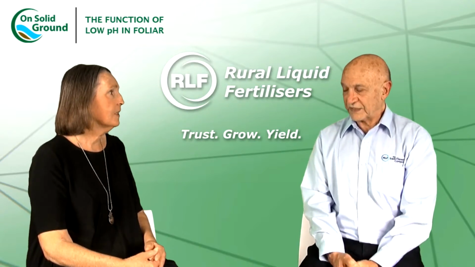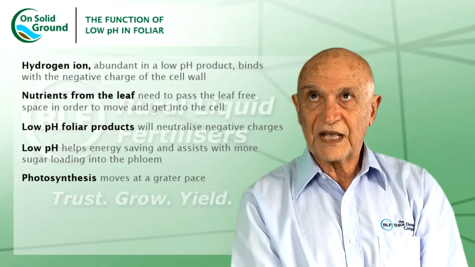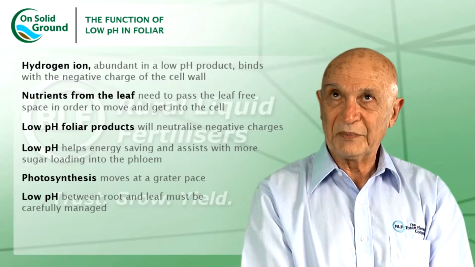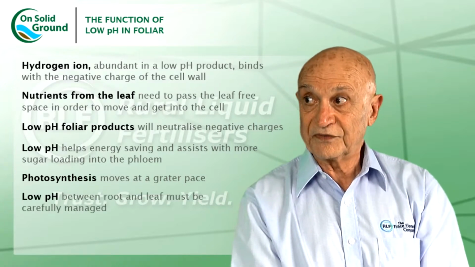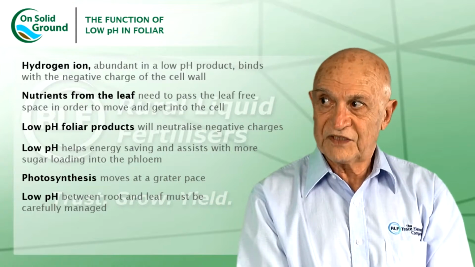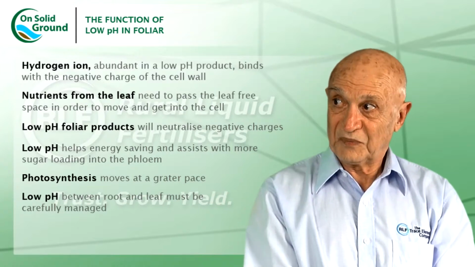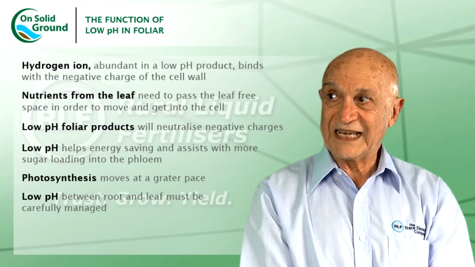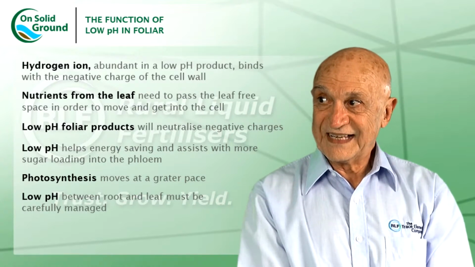For the foliar space. Now the reason is that the root has a different system. The root actually works best at a pH of, let's say, around 5. Leaf tissue can benefit from low pH, whereas low pH in the root system can damage the cell membrane.